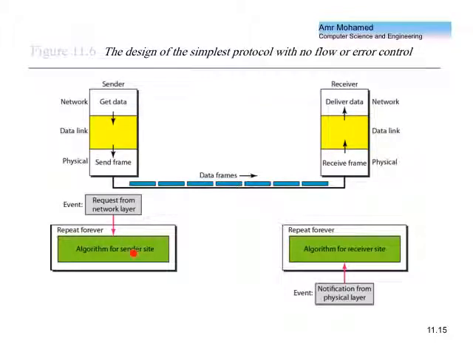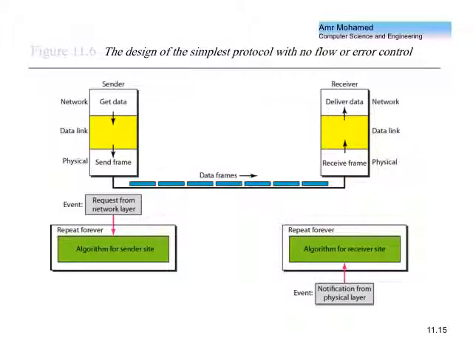If the event happens, then what it will do is that it will grab this packet, create the frame corresponding to that packet, and send it. The receiver on the other side will wait for a notification of arrival on the physical layer, right?